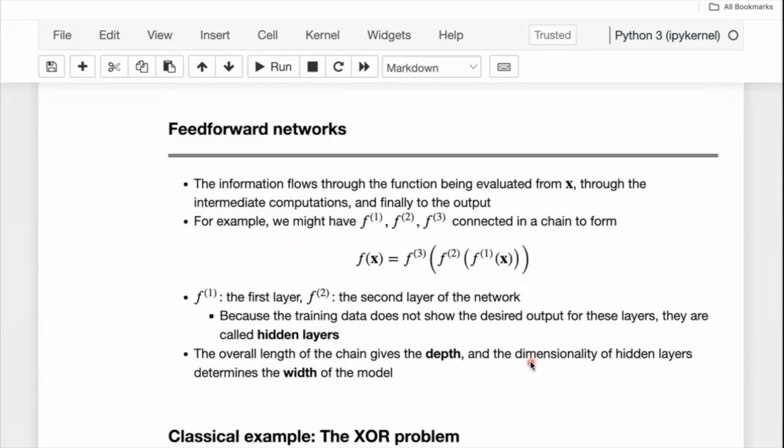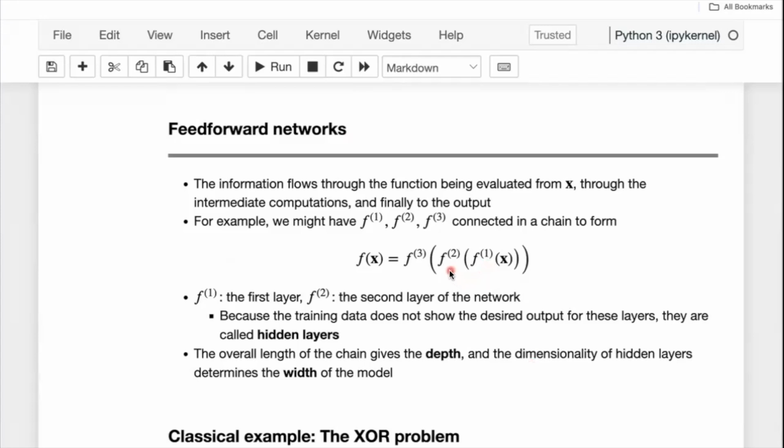If you want to think about what we did in the previous example, you can think of this as a composite function or a nested function where you have your input. You can even apply some pre-processing if you want, and we can show that using this F superscript 1.